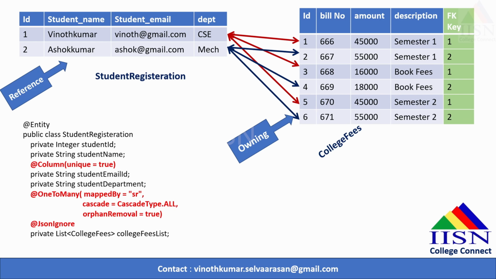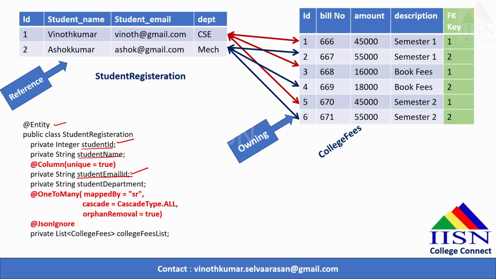Now, how are we going to write the entity classes for the student registration? As you know, this is an entity, so we need to annotate it with the @Entity annotation so that a table is created for this class. Here I have not included @Id and @GeneratedValue for this field, the student id. This is the student name, and this one is the student email id.